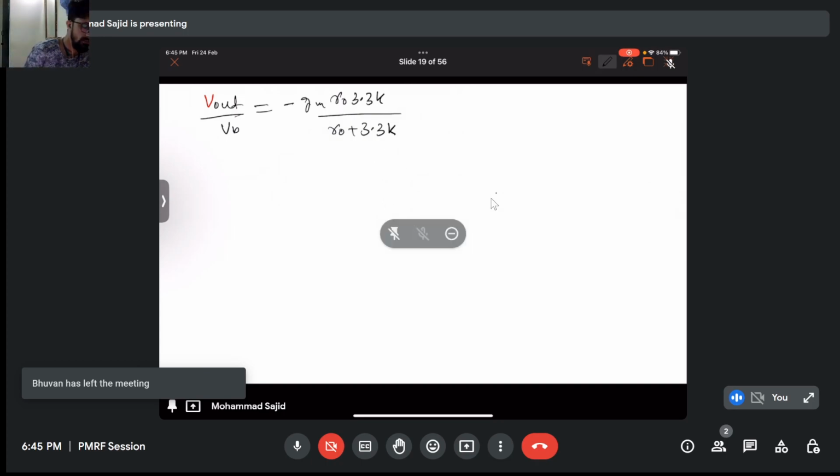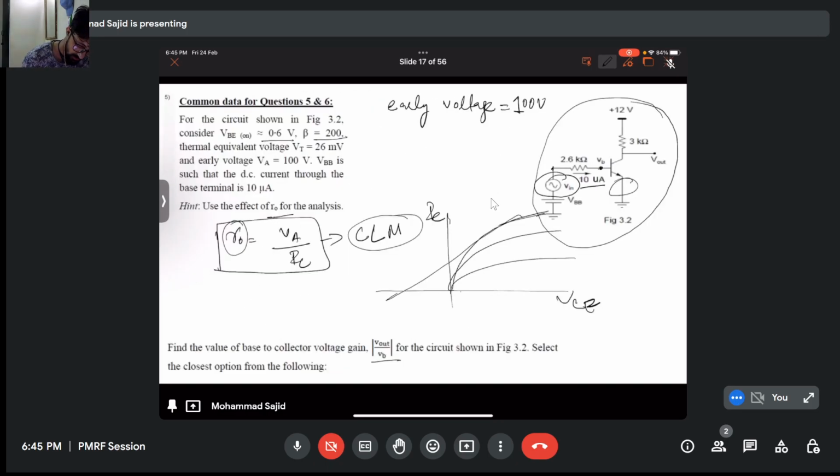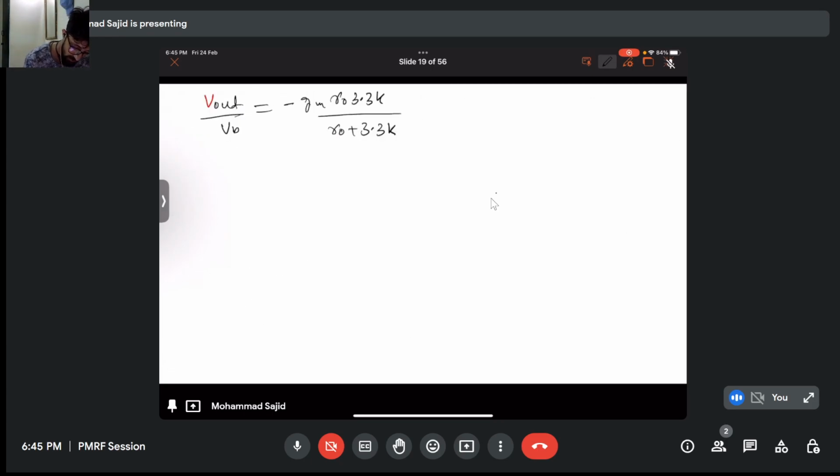Okay, let's just continue. So we know what is given to us. We have the circuit, and everything is given to us. Now we need to calculate GM, right?